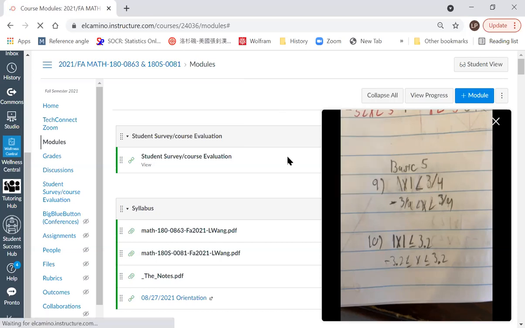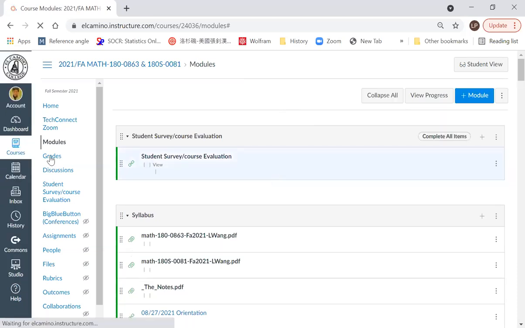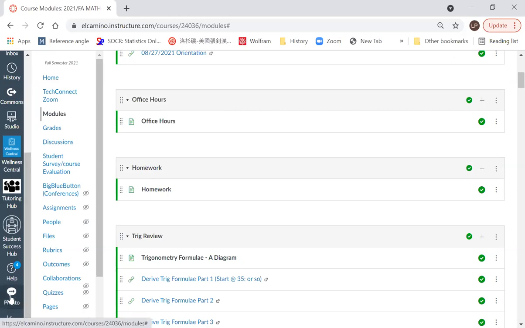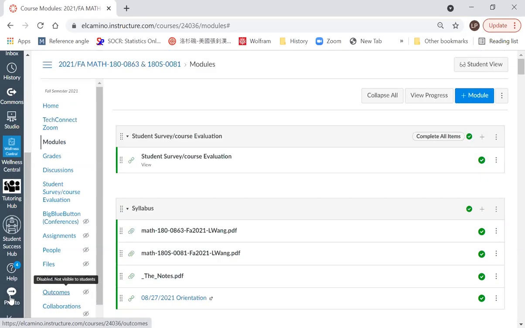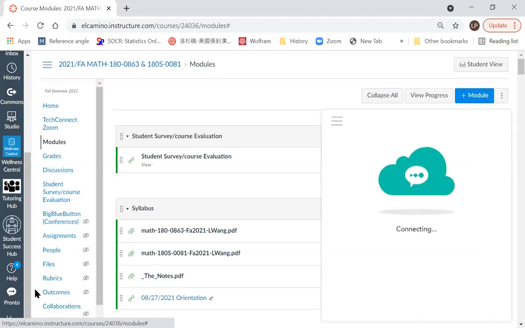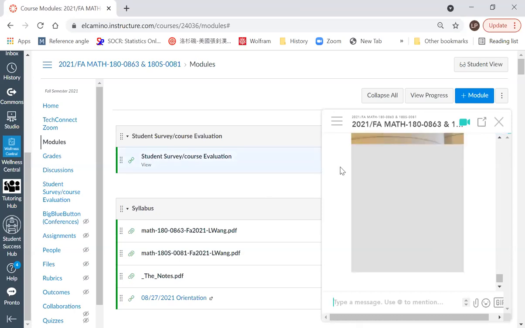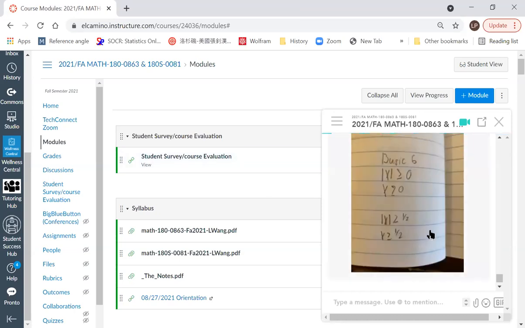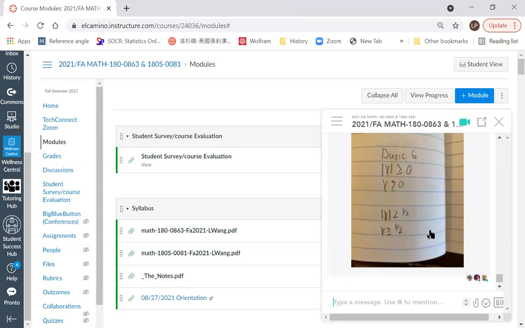Reset the page, reload. Okay, let me try again. Okay, it's reconnecting. All right. Okay, thank you. See the submission.